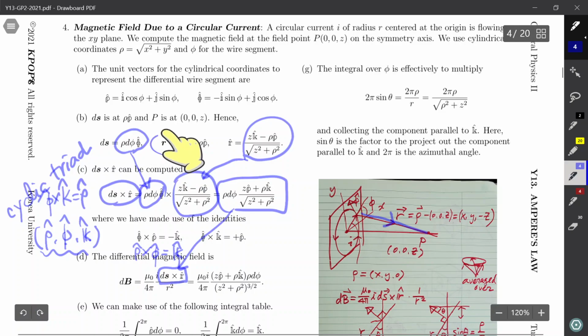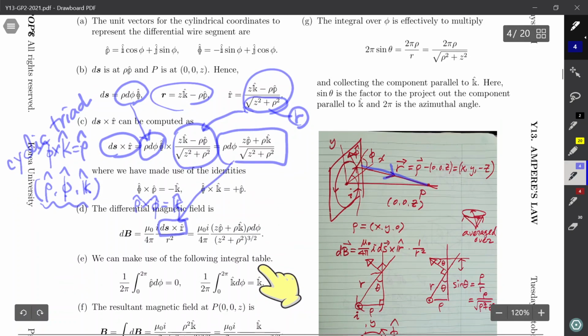R is here, and this one is r. So r squared, and we have an additional r, so r cubed is z squared plus rho squared to the 3 halves. And the numerator is rho d phi, and z rho hat plus rho squared k hat. Alright.